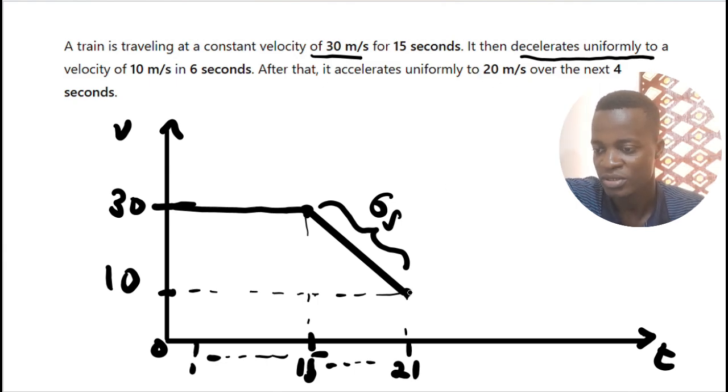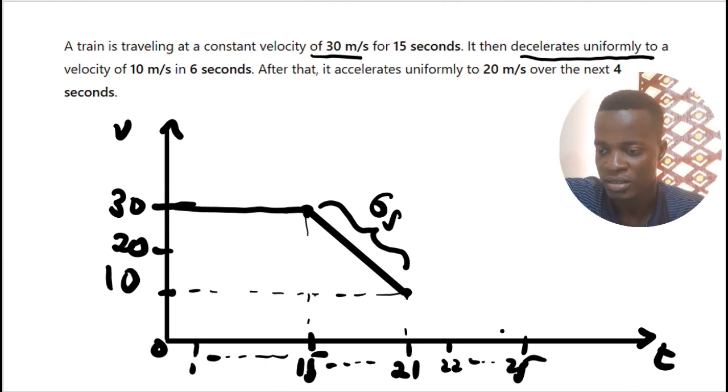There's another acceleration. Whenever there's acceleration, we slope up. If we have a slope up to here, let's say this is 20, over the next 4 seconds. So 4 plus 21, we're going to 25. So you go 22 up to 25 seconds. But then this is an acceleration, so the slope needs to go up.